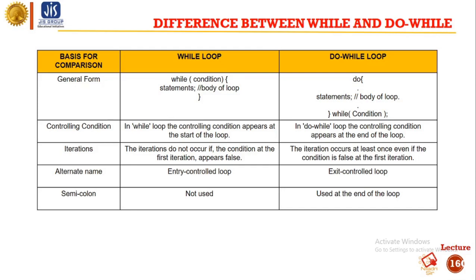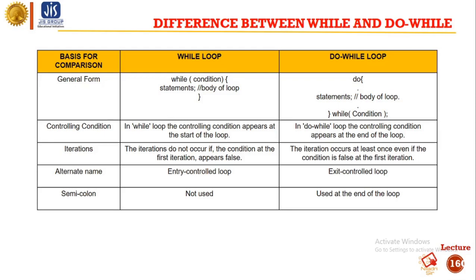But in case of do while loop, the iteration occurs at least once, even if the condition is false at the first iteration. As I have told, in case of while loop, if the condition is not satisfied, it will not execute even a single time. But in case of do while loop, if the condition is not satisfied, it will execute only once. Basically it will check the condition after the first iteration.